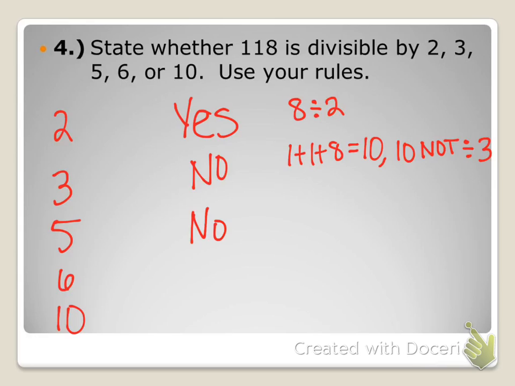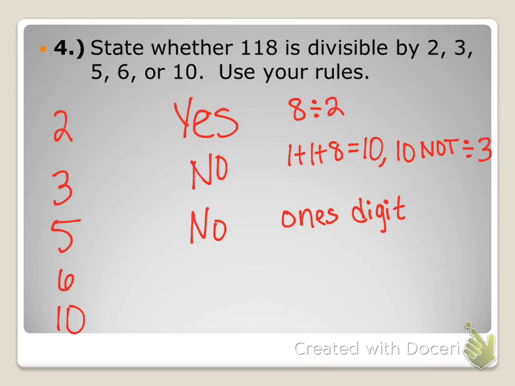In which spot? There's not a 0 or 5 in which place? Good. So you could say there's not a 0 or 5 in the ones digit, or you could say the ones digit is a... What's our ones digit? An 8.